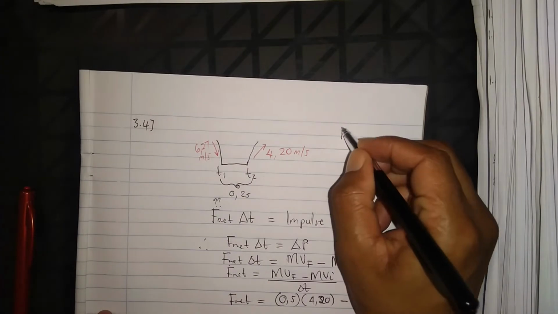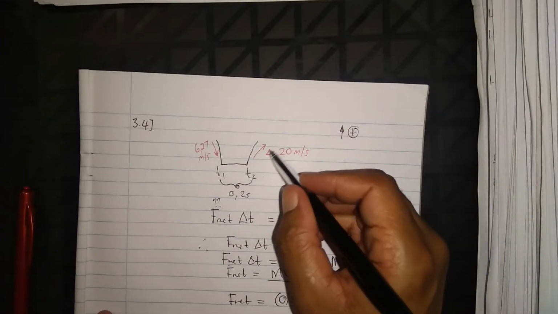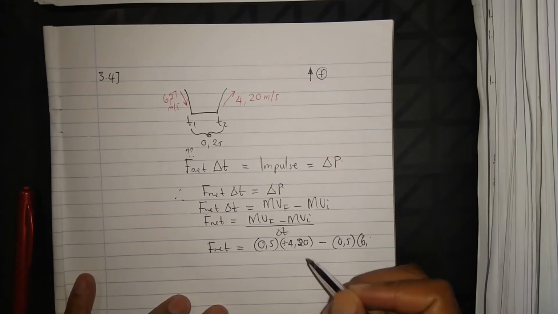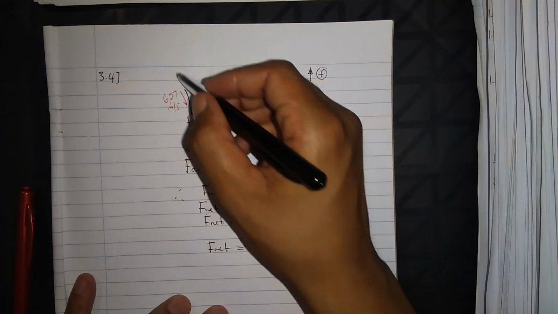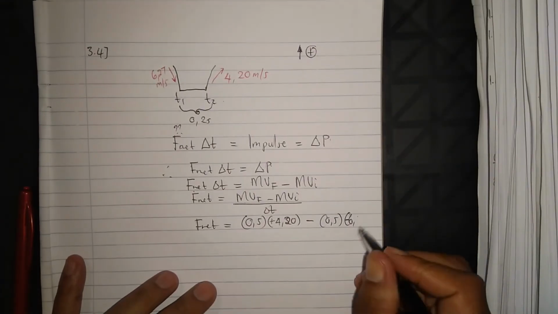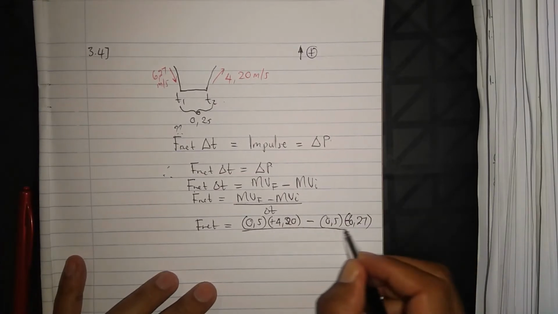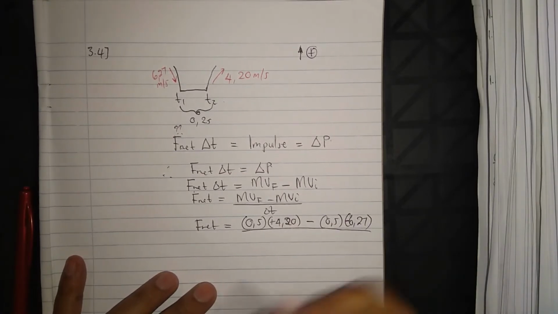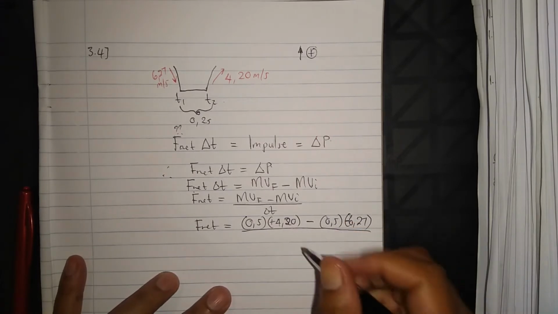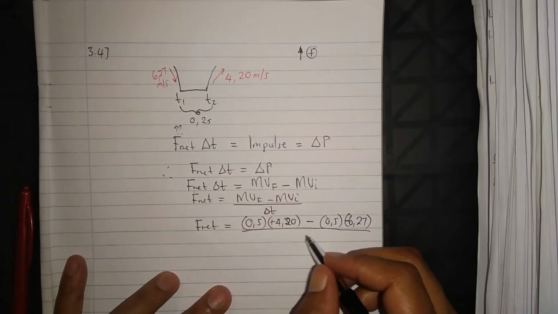Again, we need to choose a direction. Up is positive, so the final velocity is correct, it's plus 4.20, and then the initial must be negative 6.27. Always choose a direction for your calculation when doing momentum, vertical projectile motion, and even Newton's laws as well.